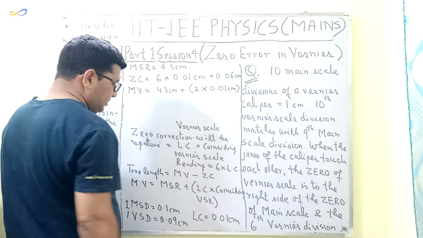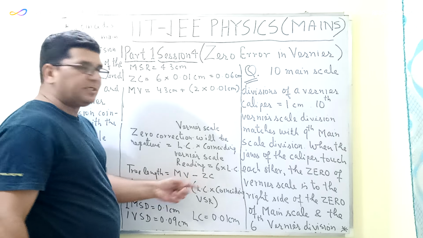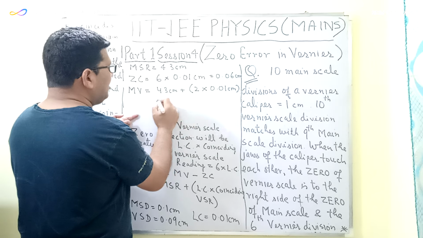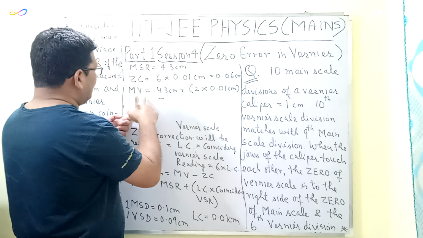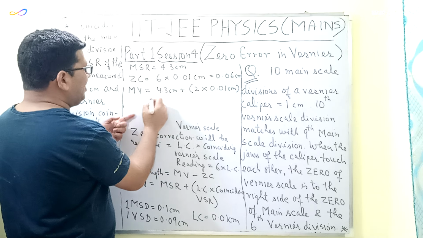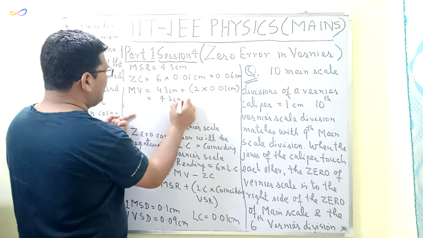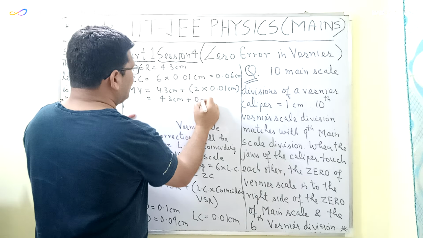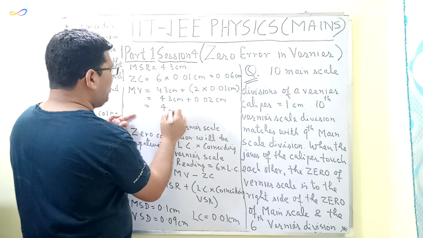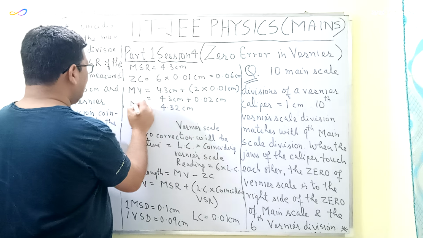So the measured value is equal to 4.3 centimeter plus 0.02 centimeter. So this is equal to 4.32 centimeter. So this is the measured value.